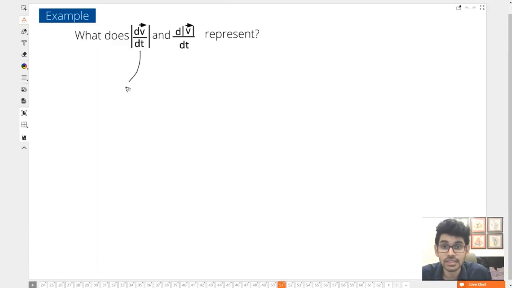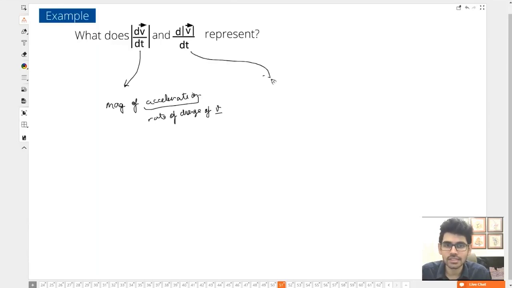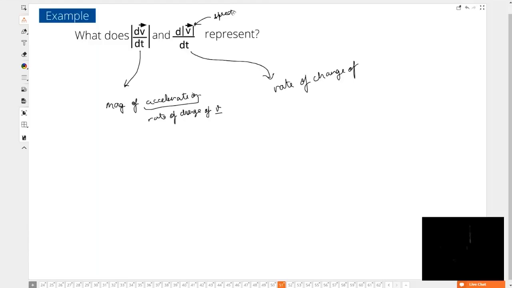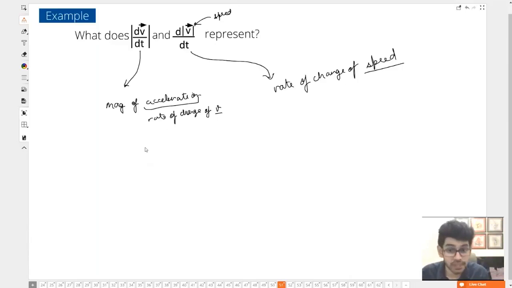This is the magnitude, because the modulus bars are there. Magnitude of acceleration is the magnitude of the rate of change of velocity. And what is this? This is the rate of change of speed.